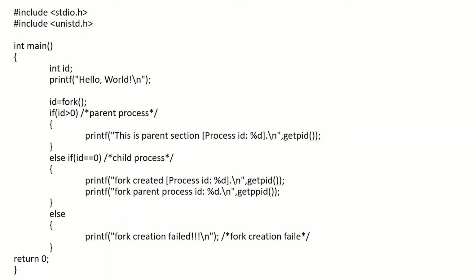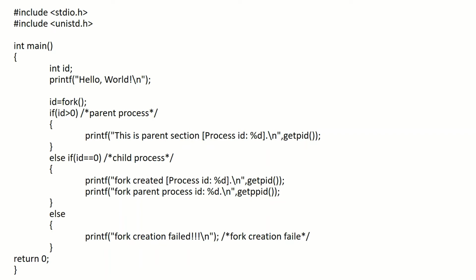When the child process starts, two different IDs can be generated. One is the child process ID, created using the getpid function, and it also prints the parent process ID, meaning which parent this child process inherited from.